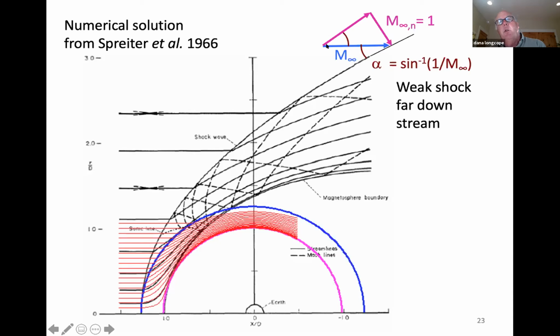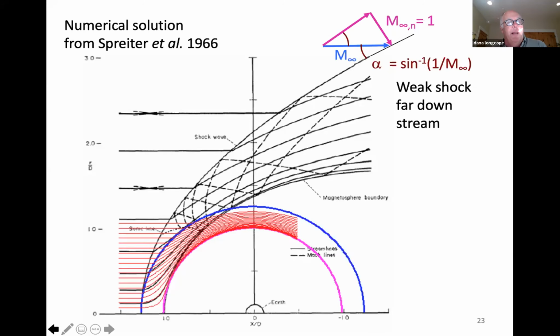If you're traveling at some Mach number M infinity, let's call it 8, then what you want is the component normal to the shock to be 1. You put in the algebra: M normal is M infinity times sine of the angle, set that equal to 1, and you get the Mach angle that you will go to asymptotically.